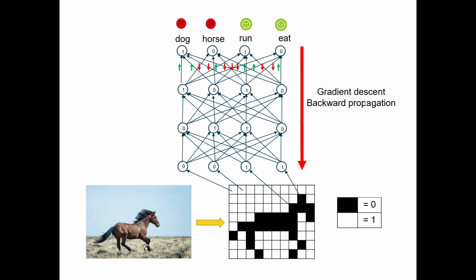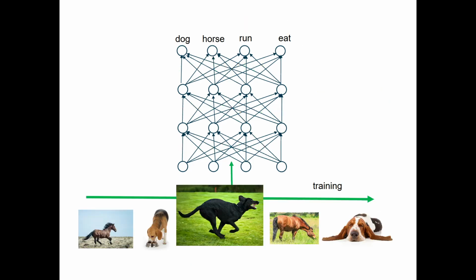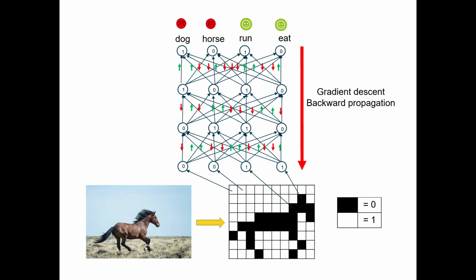This is called gradient descent and backward propagation. And we are going to slightly adjust all the weights, all the multipliers of each neuron, so that the output for this example, the running horse, will be a little less inaccurate, a little closer to reality than it was initially.